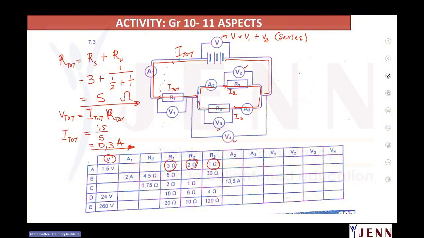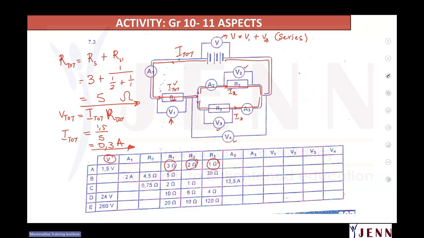Already we have mastered the art. So we have I total, and we have the resistance of R1. We can now find V1. You see, that's how easy it is. If I know I total there, and the resistance of R1 is 3, then I can find the reading on V1.